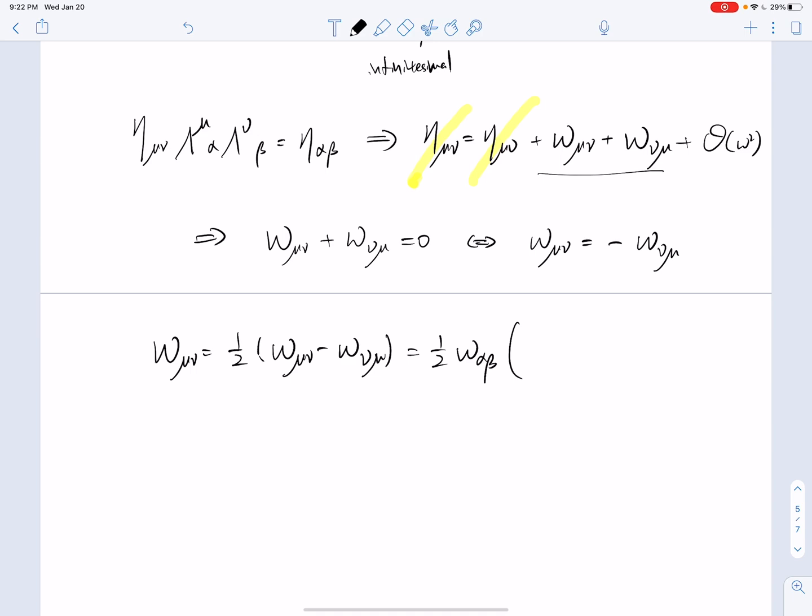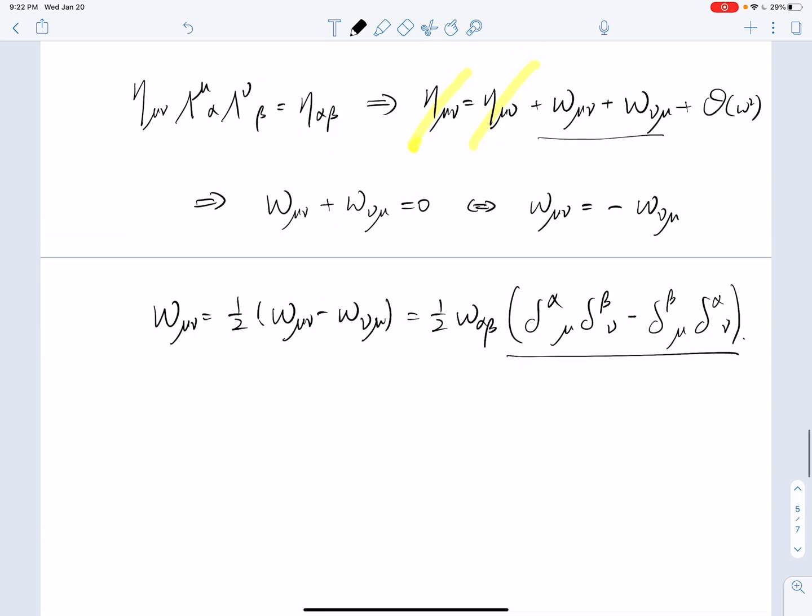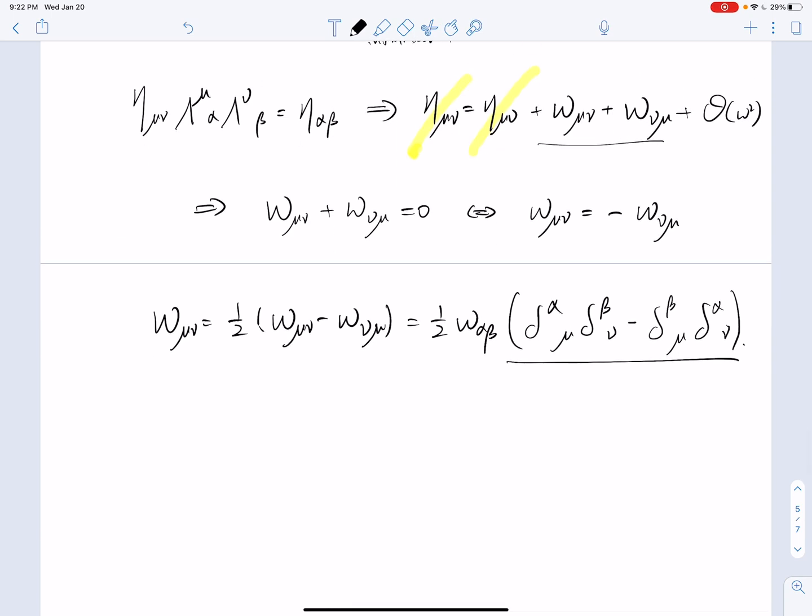We can introduce a bunch of deltas. Now, let's look at this. We identify this as our generator. We'll give it a name, J, and we copy it down.